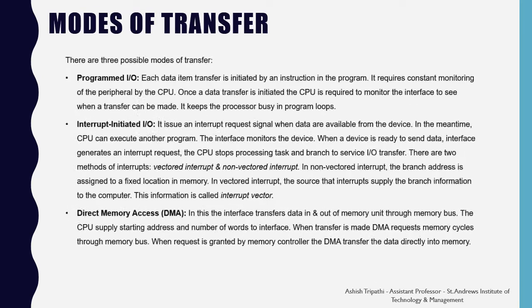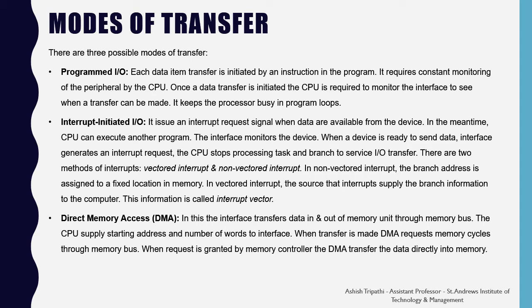Modes of transfer. There are basically three types of modes of transfer for the data. The first is programmed input output, second is interrupt initiated input output, and the third is direct memory access or DMA.